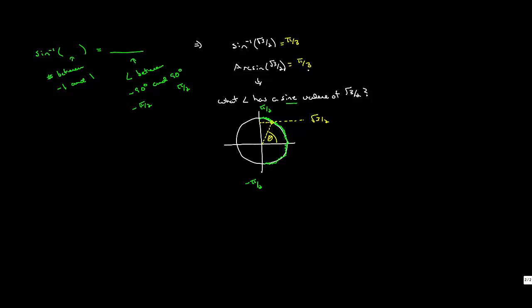Okay, that's it. Of course, there's a whole lot of other angles that have this height value. There's one over here. Then again, if I just keep rotating 360 degrees, or one revolution around, I'll keep ending up at this spot. So there's an infinite amount of values. However, we restrict our answers so that they fall between negative pi over 2 and pi over 2.